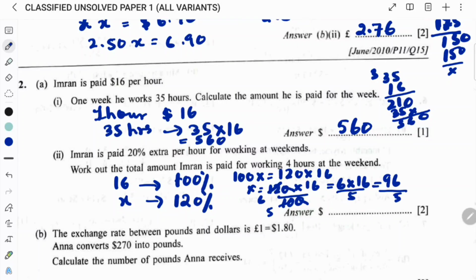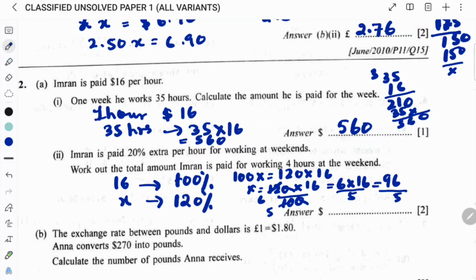Whenever you do 96 by 5, you will get the answer for 1 hour, because for 1 hour previously he was getting $16. We are increasing 20% more because he is working on weekends. So whenever we do 120% of 16, we get 96 upon 5. You can multiply this number by 4 to get the answer for 4 hours.